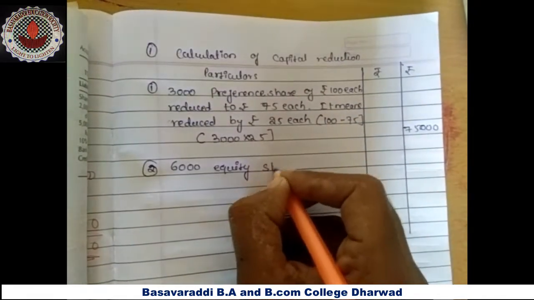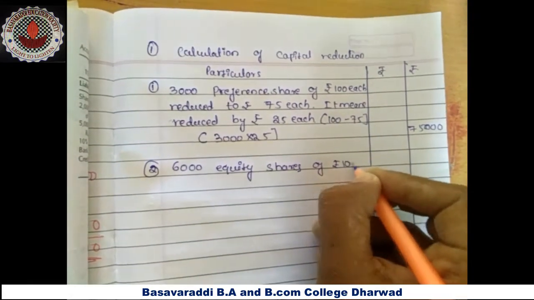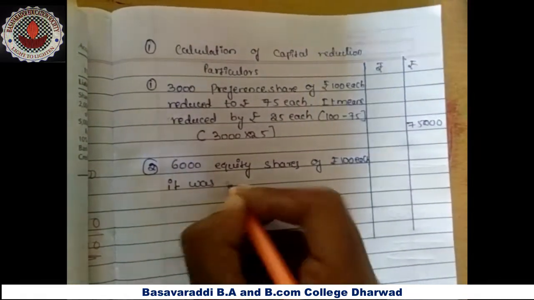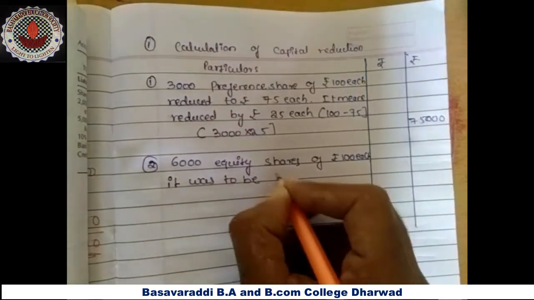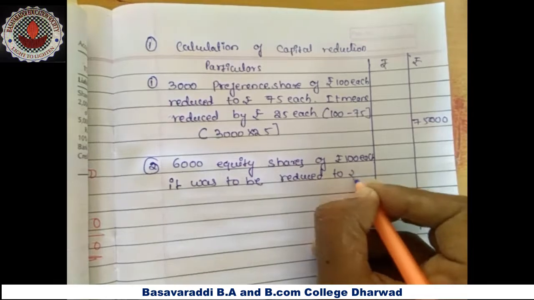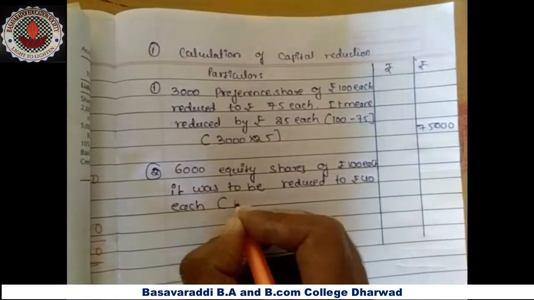Now the second one, 6,000 equity shares of rupees 100 each. It was to be reduced to rupees 40 each.